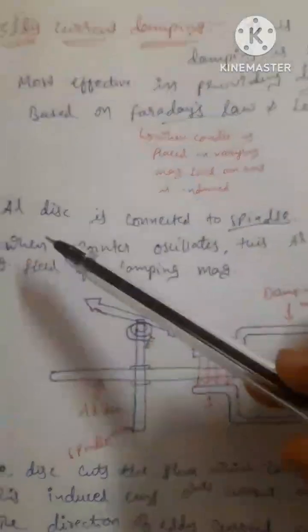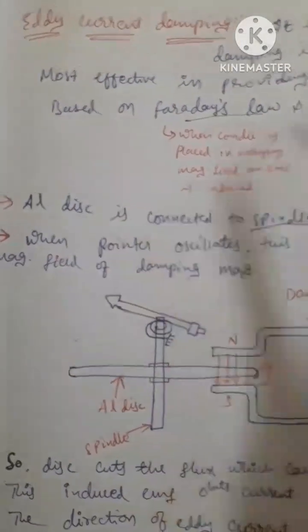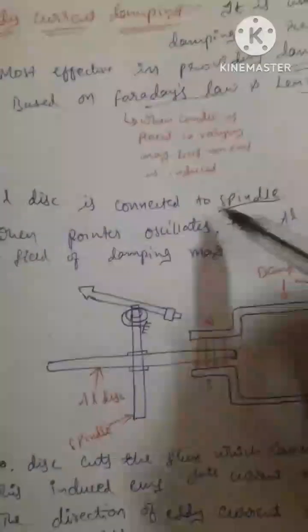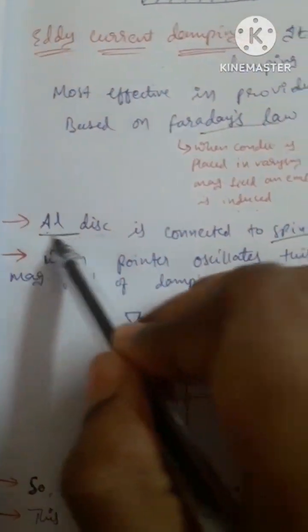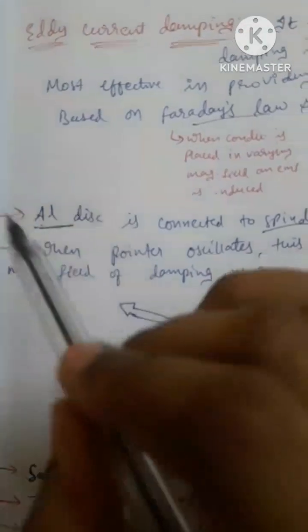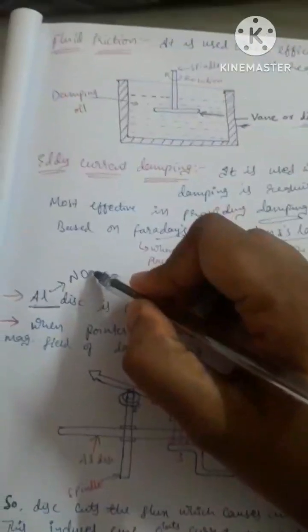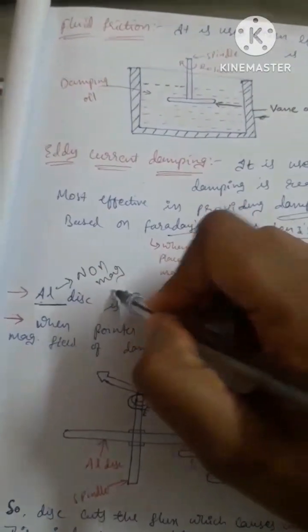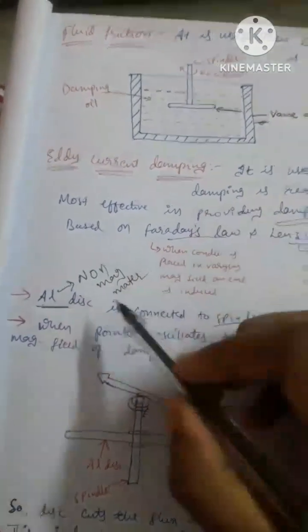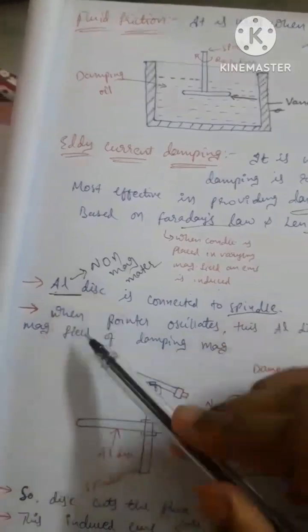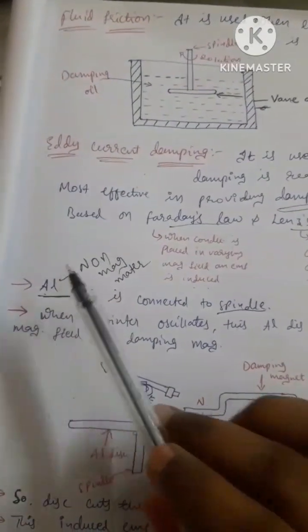Why can't we use steel or other material? This aluminum material is a non-magnetic material. And next, this aluminum material is cheap and easily available.